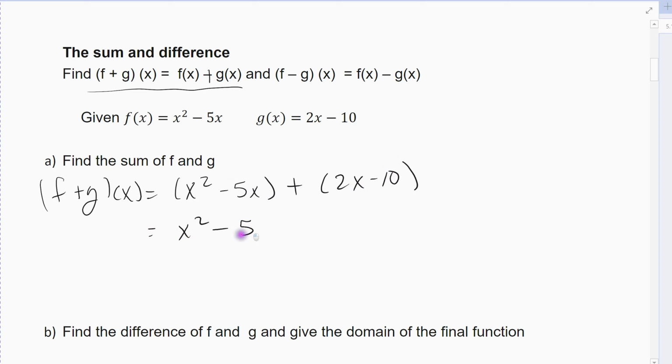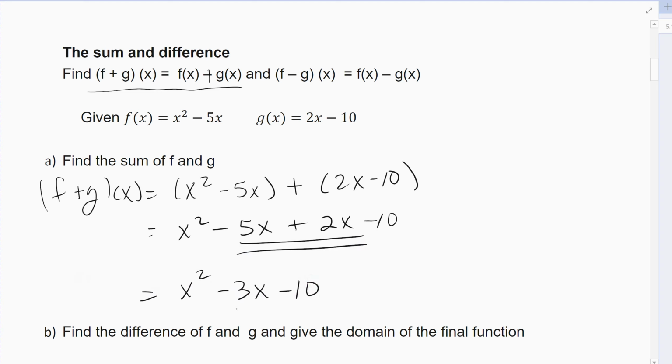I put parentheses, although when we add I probably don't need them, but I do that so that I remember when I subtract that it is going to be important. Now, collect like terms. The only like terms I have are my x terms. And so the sum of f plus g of x is x squared minus 3x minus 10. And there's my new function where I've combined f and g by addition.